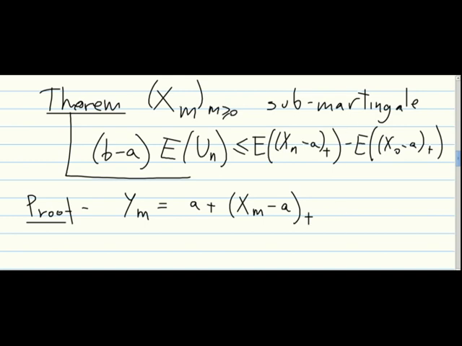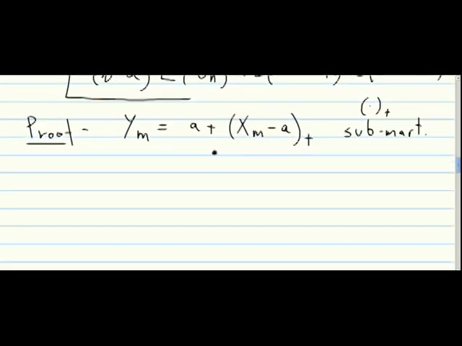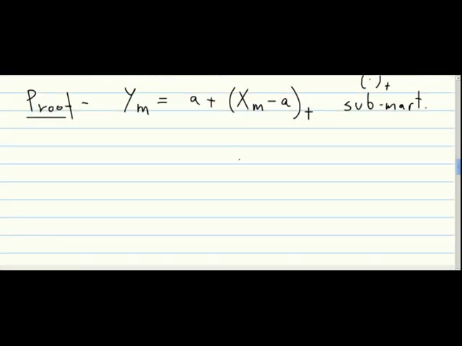So remember X being a sub-martingale, and this function here, positive part, is a convex non-decreasing function. So Y is also a sub-martingale by a theorem we saw before. So now we have this auxiliary sub-martingale, and we have the H that we defined above, and HY is also going to be a sub-martingale.